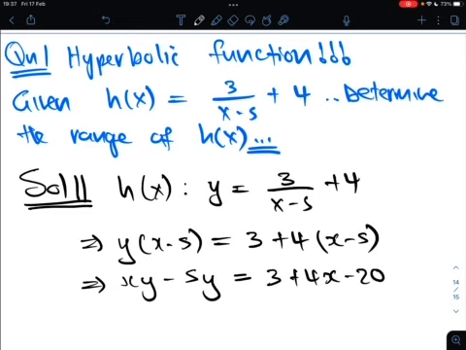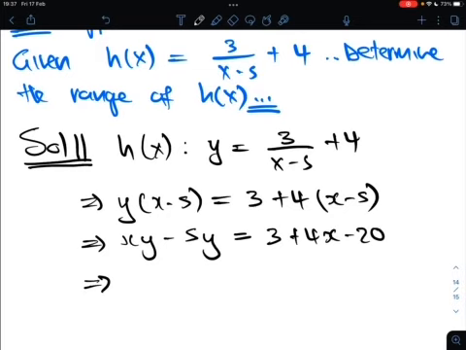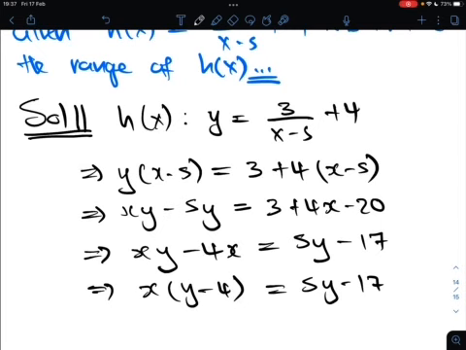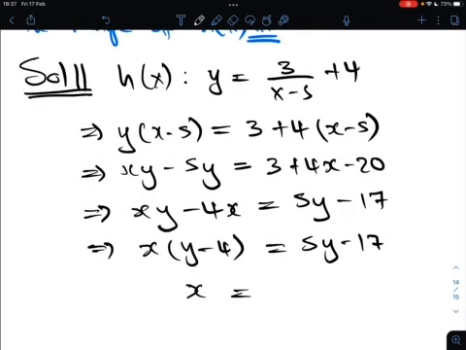Remember, our goal is to make x the subject. So we take everything with x to one side, so we have xy minus 4x is equal to 5y minus 17 on that side. Now pull out x on this side, you get x times y minus 4, which is equal to 5y minus 17. So what is x? We see that x is 5y minus 17 over y minus 4.